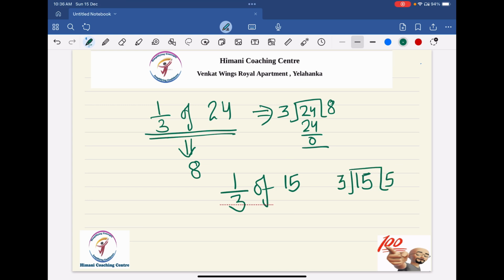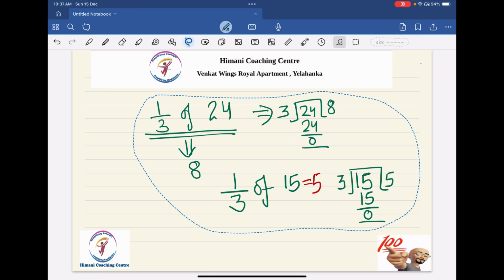So 3 fives are 15 and remainder is 0. And so the answer for 1 by 3 of 15 is equal to 5. Okay. Now let us do something else because we have done 1 by 3 for now.